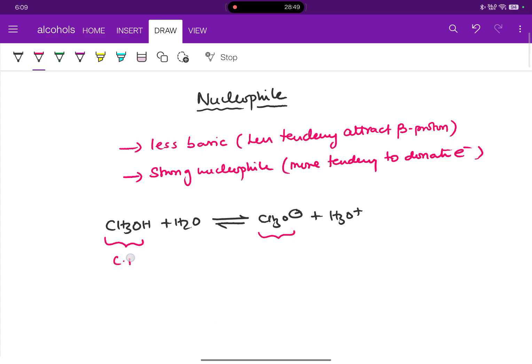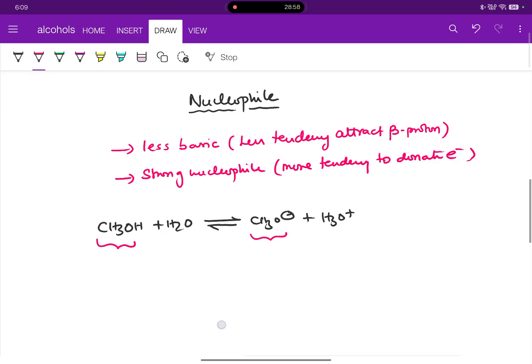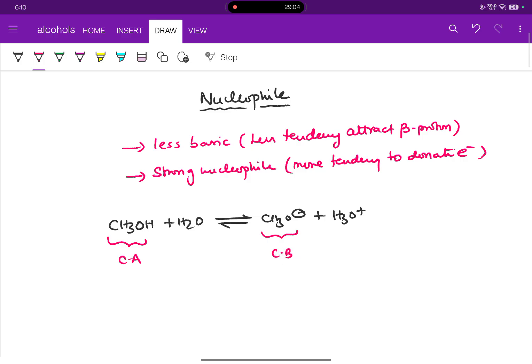So we call this the conjugate base, and this the conjugate acid, because the one which has more hydrogen is the conjugate acid. The one with less hydrogen is the conjugate base. Then compare H2O with H3O plus. This is a conjugate base, this is a conjugate acid. Did you notice the conjugate acid-base pair is formed?